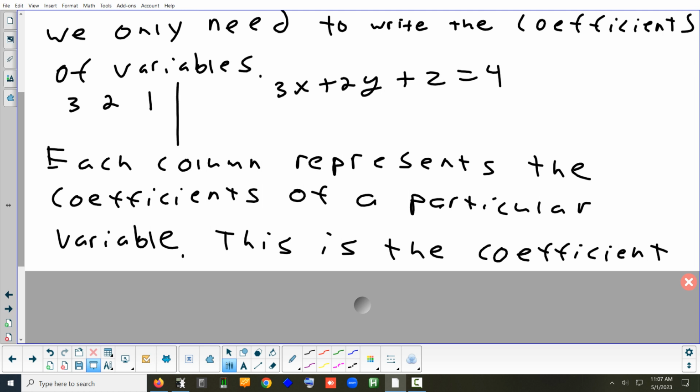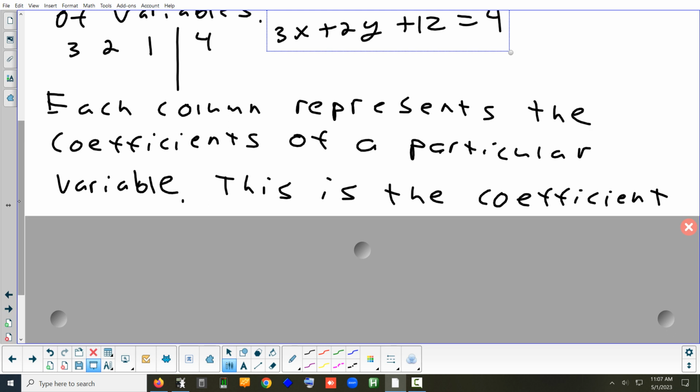So I draw a vertical line that represents my equal sign and put the 4 on the other side. The first column is always going to be the x's. The second column is always going to be the numbers that were in front of y. And the third column is always going to be the numbers that were in front of z. That's how we're going to keep track of what number went with which letter. X's, y's, z's, other side of the equal sign.